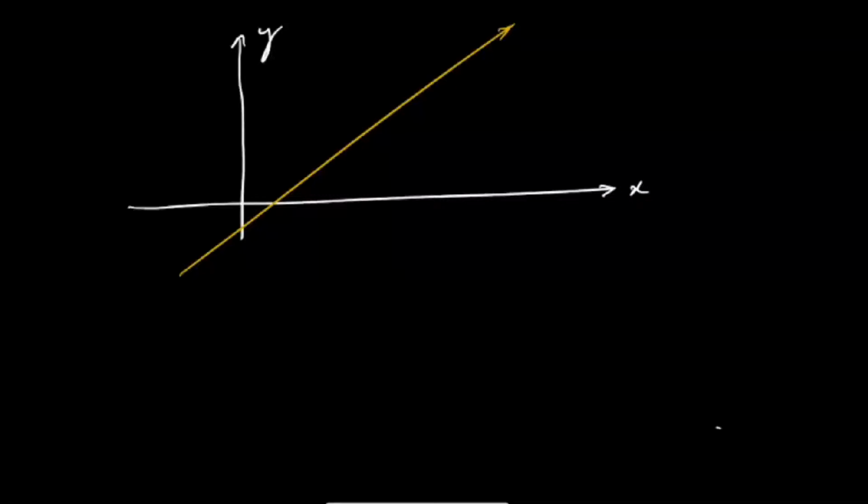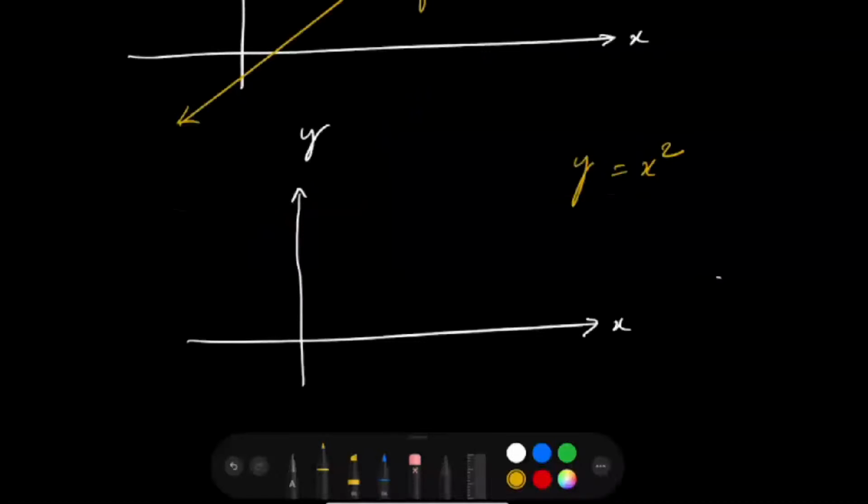If you plot some other function, like y equals x squared, what do you get? You get a plot that is something like this. You will get a parabola.